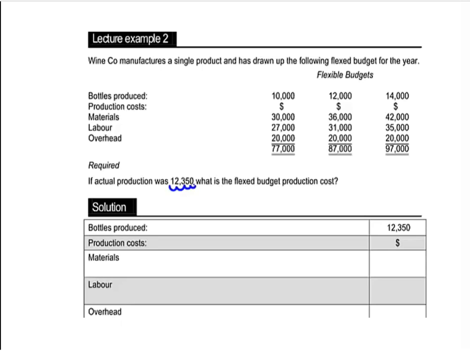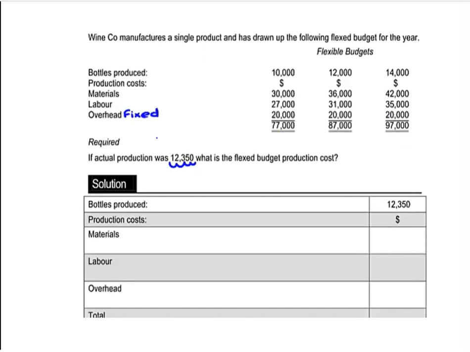So what we need to do is have a look at which costs are fixed, which are variable, and which, if any, are mixed. Now, if you look at the cost allowance for the different number of units, you can see that the overhead is fixed. It's 20,000 regardless of the number of units being produced. So we can just pop that 20,000 in there because 12,350 is going to sit within that range of experience.